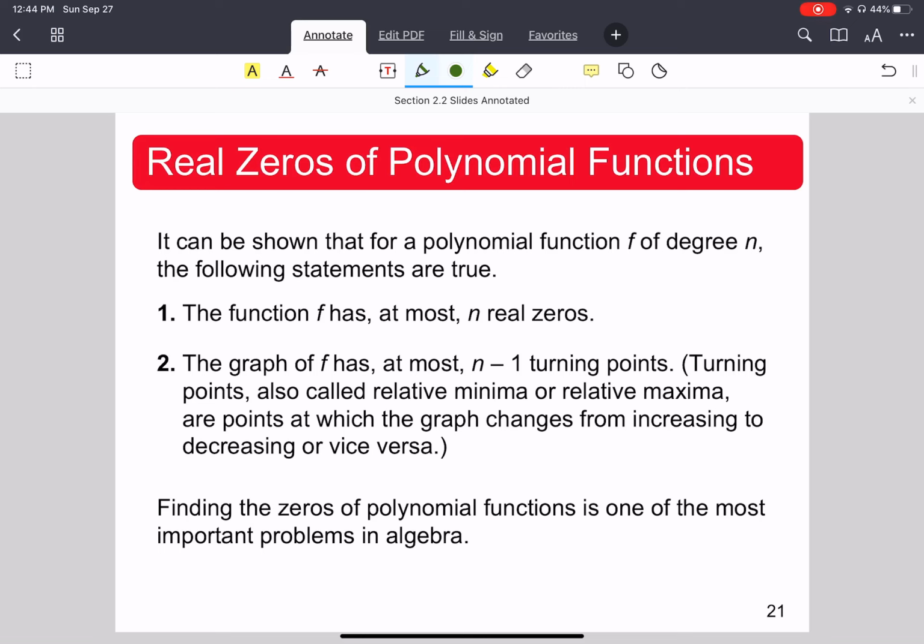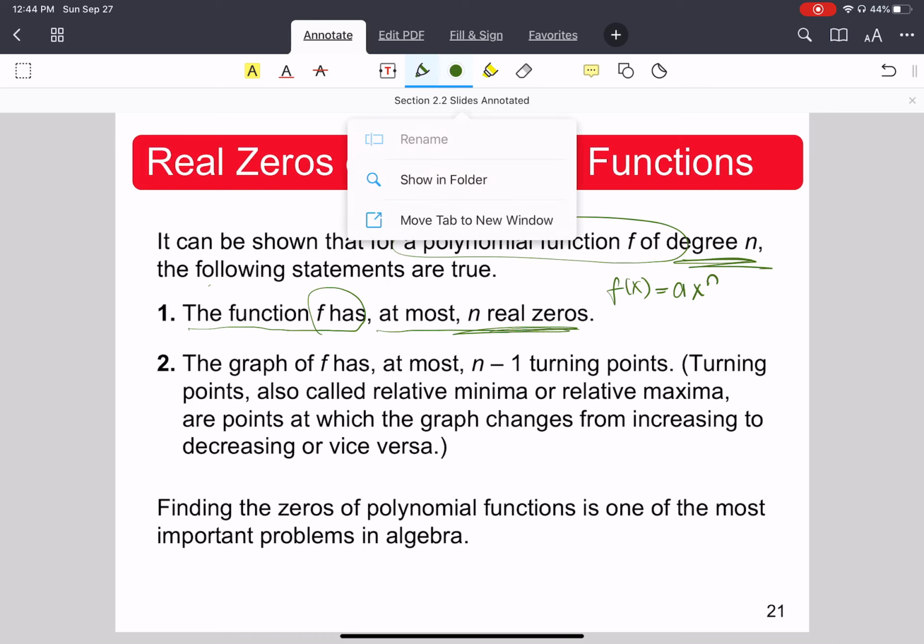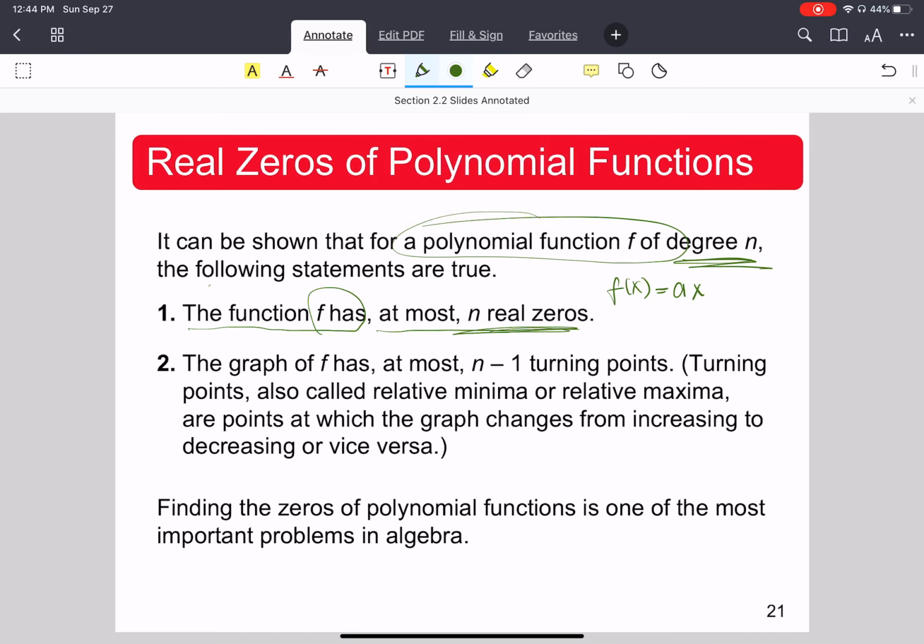Before we talk about how to find zeros, here are a couple of things we need to know. If a generic polynomial function f has degree n, then the following statements are true. The function f has at most n real zeros. For instance, if you're given a quadratic function, f of x equals ax squared plus bx plus c, this one has degree 2 because it's a quadratic function.